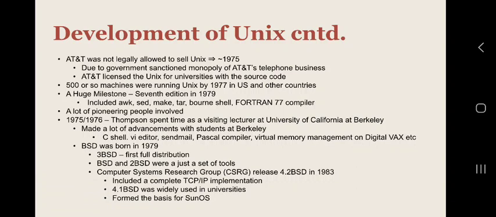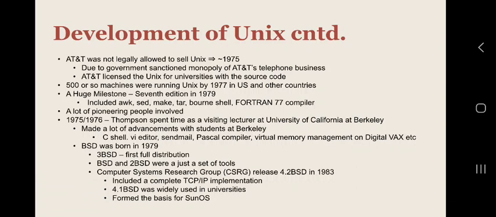And the Computer Systems Research Group at Berkeley released version 4, and 4.2 BSD came in during 1983, and it included a complete TCP/IP implementation. If you have heard of Berkeley sockets and TCP/IP related stuff, that's the birth of network programming, and the rest is history.